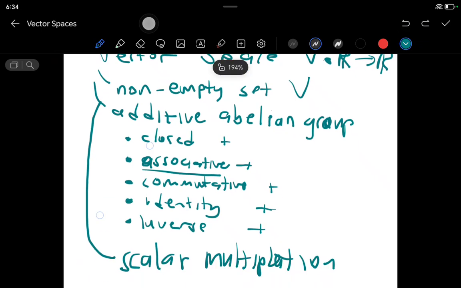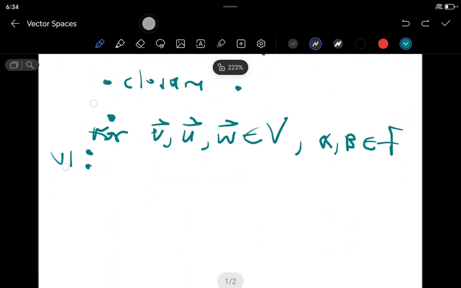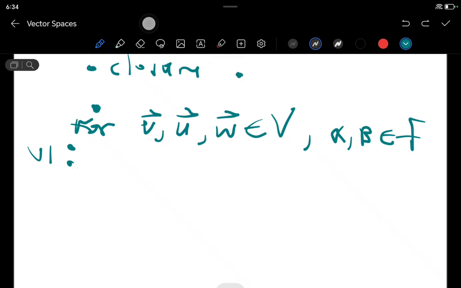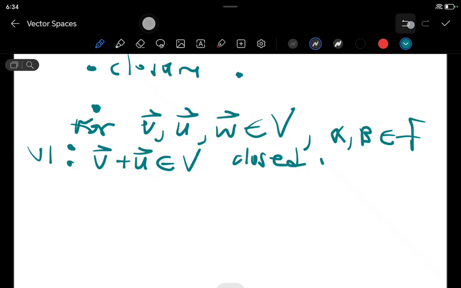Then for the first one, if I take u and v, add them, and find that v plus u is an element of v, it means that this is closed under addition. So this is closure under addition.